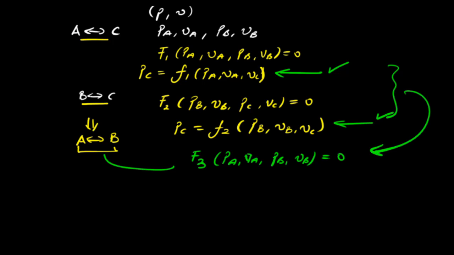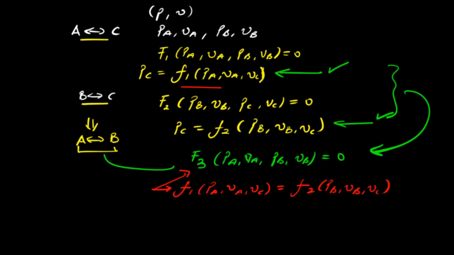That means we must have f1 from here equal to f2, and the statement of the zeroth law says that it should be equivalent to this particular statement. So these two statements should be equivalent to each other.